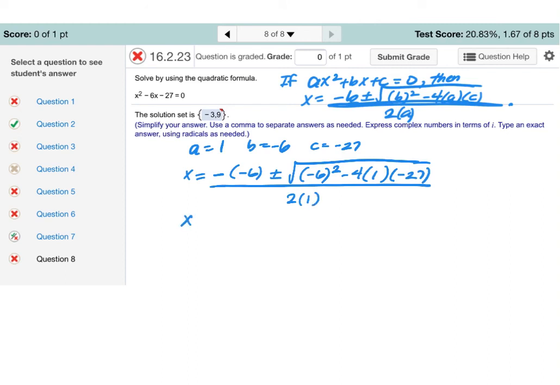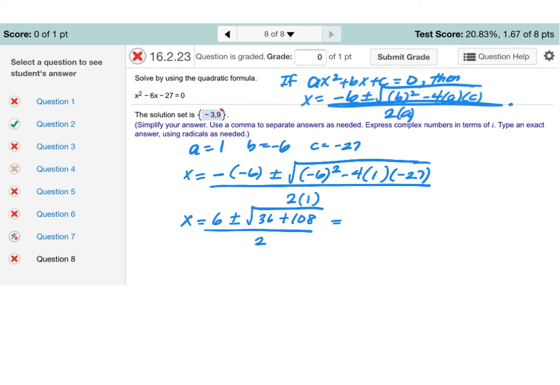Okay, so here if we simplify, we get a negative of negative 6, which is positive 6, plus or minus the square root of a negative 6 squared, which will be a positive 36, minus 4 times 1 times a negative 27. So minus 4 times 1 times a negative 27 will give us a positive 108, all divided by 2.